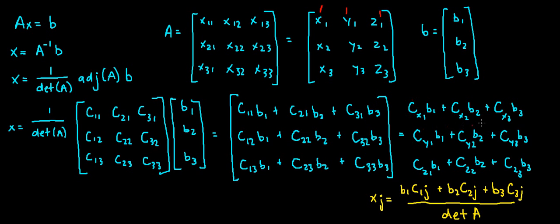The reason it's not equal to all these three is because whenever we replace one of these columns with b, the other ones are going to be equal to 0, so we just say that xj is equal to this formula. But that's why Cramer's rule works.